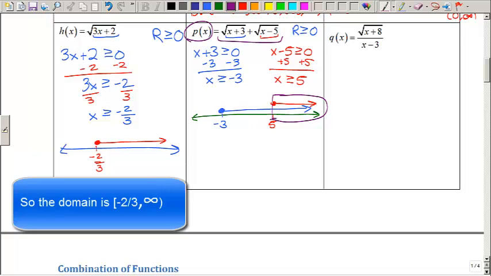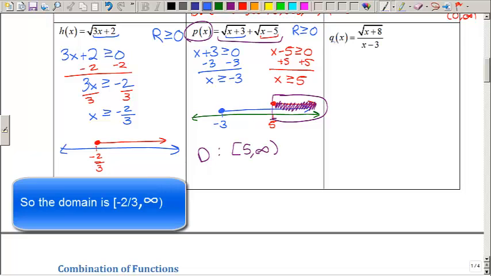So the only values I'm allowed to include are the places where they overlap. My domain for this function is going to be 5 to infinity, because both the red and the blue restriction are satisfied at the same time. And that's why my domain is only from 5 to infinity.